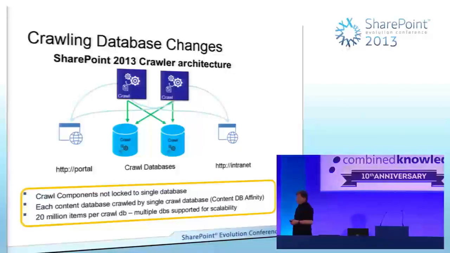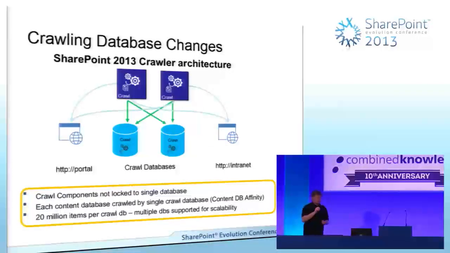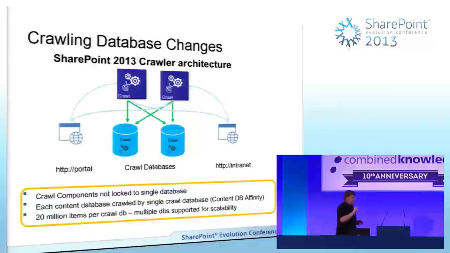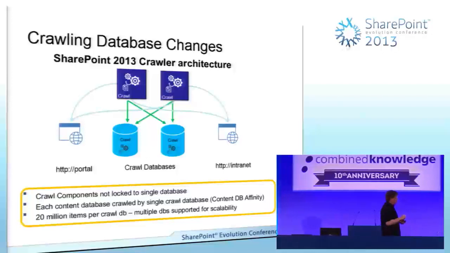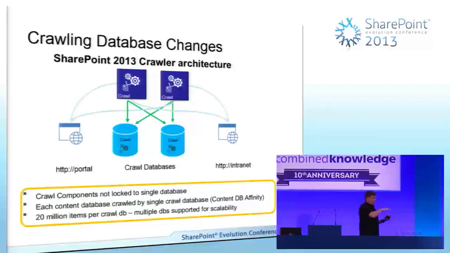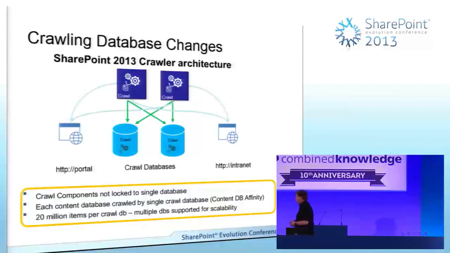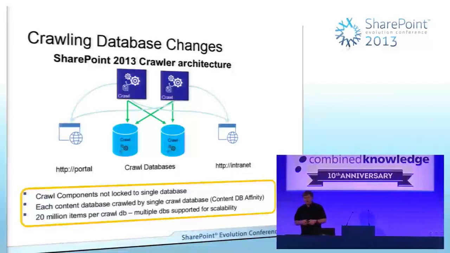Instead, we've modified the crawl engine such that any single crawl component can now talk to all of the crawl databases, and all of the crawl databases can have a crawl queue containing the URLs for all of the web applications. The difference being we split down what we call content DB affinity.